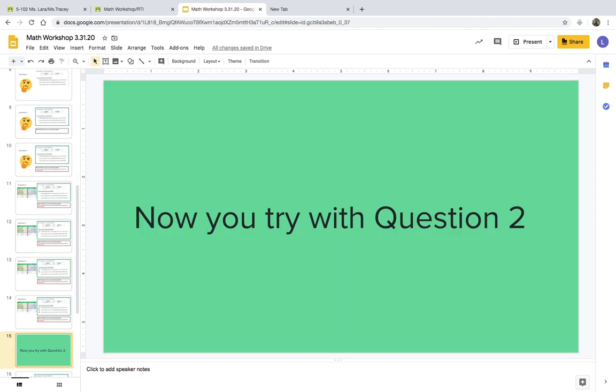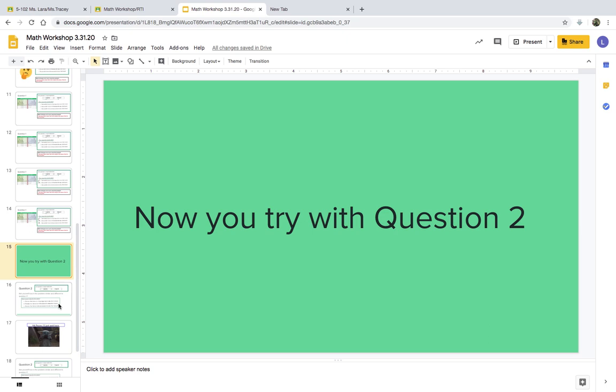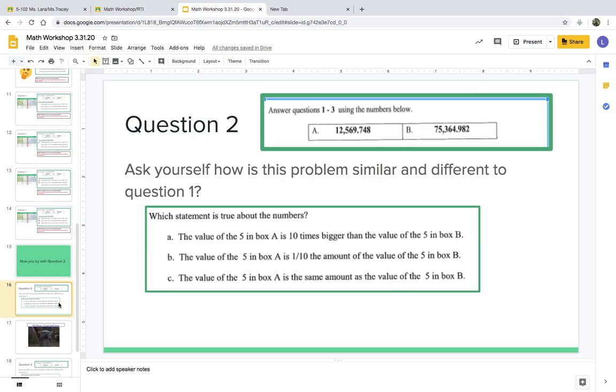So now, I want you to try this with question number 2. Okay? I'm going to display it here and I want you to work it out. So remember, you're still using the numbers A and B for this second problem. Ask yourself, how is this problem similar and different from question 1, the question that I just solved. So now, think about it. What are you noticing is similar and different?